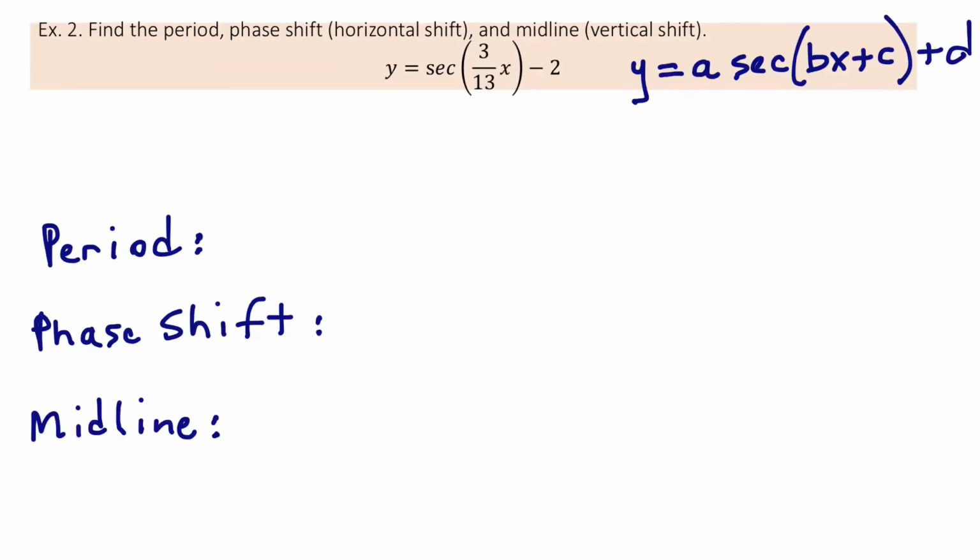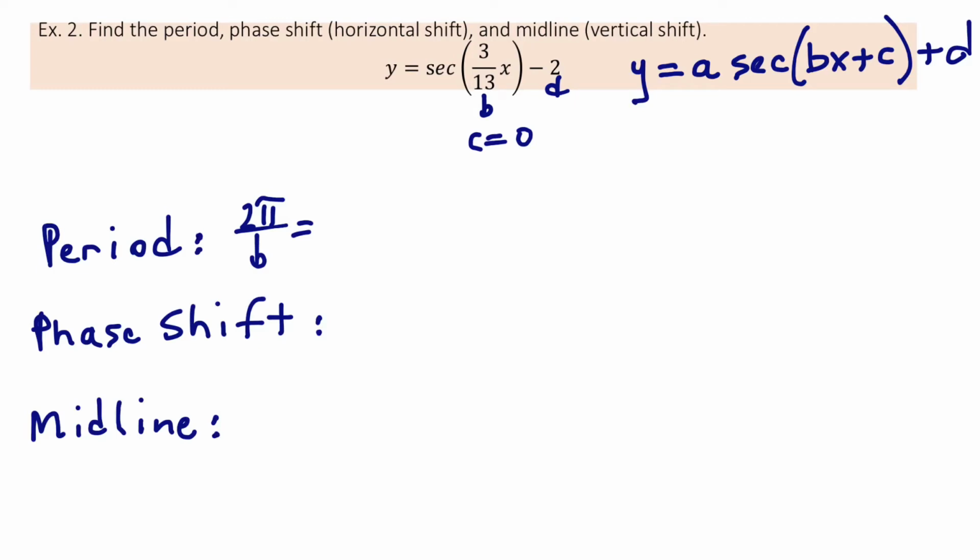So in this example, we've got this equation here, and we're asked for these 3 things again. So the period, once again, is 2 pi divided by your coefficient b. So in this case, b is this number. There's no c, so c is 0, and d is this number.